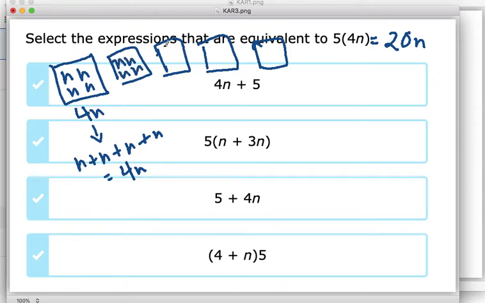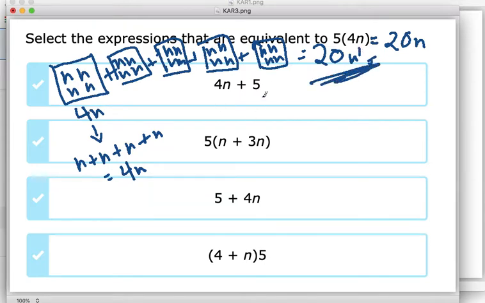N, n, n, n, n, n, n. So all together, if you add these all up, you've got 20 n's. So we got to look at each of these expressions and see which of them have 20 n's.